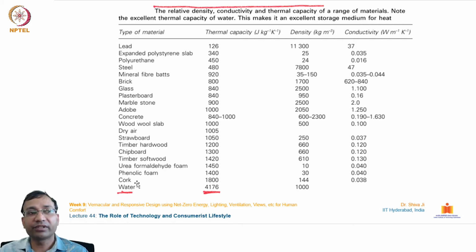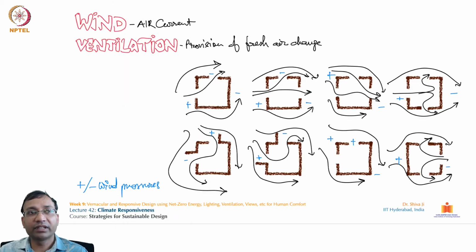Compared to this, you see all of these materials which are sourced from water and nature, whether it is water, cork, or timber softwood, have a conductivity quotient in fractions. Okay, so we can choose a proper combination of these three values and apply these materials responsibly.